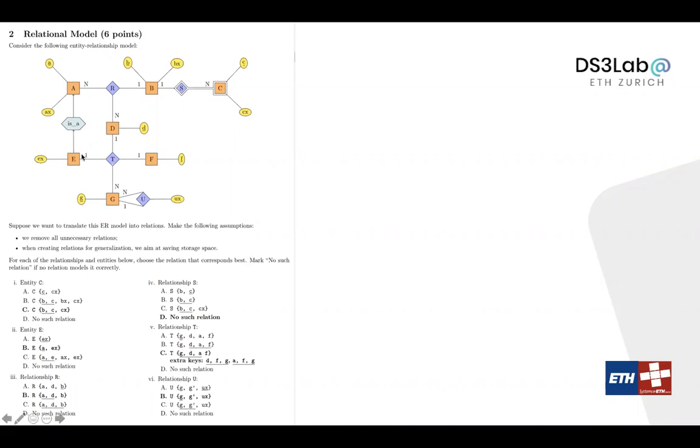This one says that there's an FD from DFG to E. If you know DFG, you know E, so DFG could be one candidate key. This one means that if you know EGF, you know D, so it introduces a functional dependency from EGF to D. Similarly, this one introduces DEG to F. So you could have three candidate keys for this relationship.